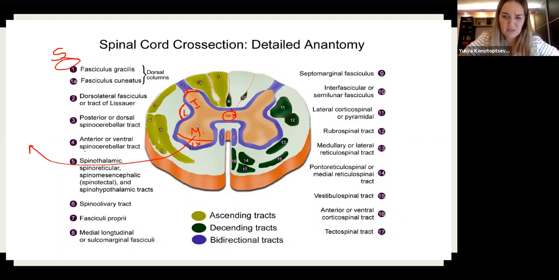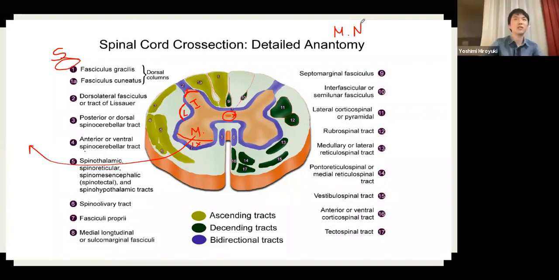Have we talked about them? What do we call these cells? I gave you a couple of names in previous lessons. What is another name for this motor neuron? Somatic efferents?